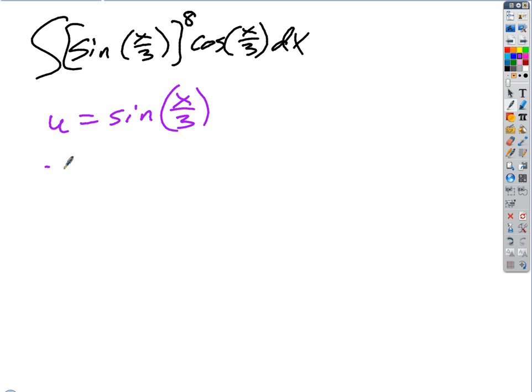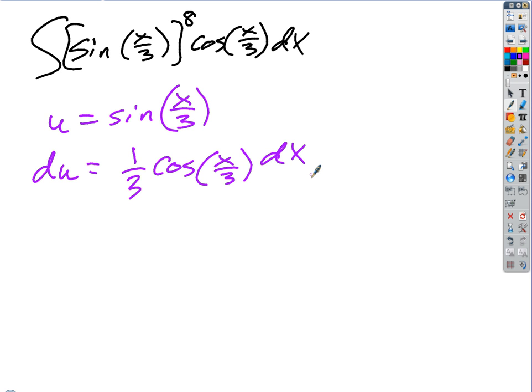So then, what's the derivative of that going to be by the chain rule? Derivative of sine is cosine, there you go. And then the derivative of x over 3, 1/3. Good, and then we need the dx, right? Okay.